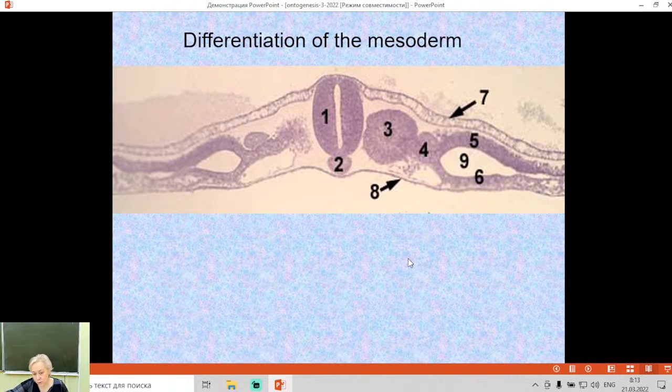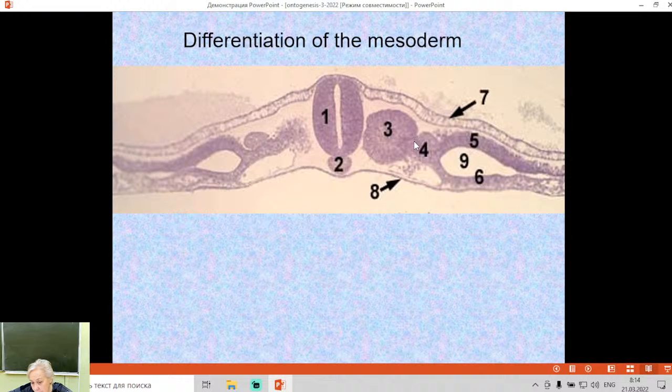On this slide you see an embryo of a chicken. On this slide you can see the next structures. This layer, number 7, is ectoderm. Number 8 is endoderm. You can see the notochord, number 2, and the neural tube above the notochord, number 1.